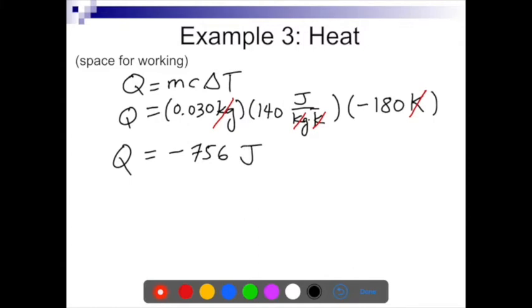Okay. Right, so the unit joules came from here, and that's the SI base unit for Q, the amount of heat transferred. Now you can see here that there's a negative sign. Okay. So this negative sign means that heat is taken out of the object.